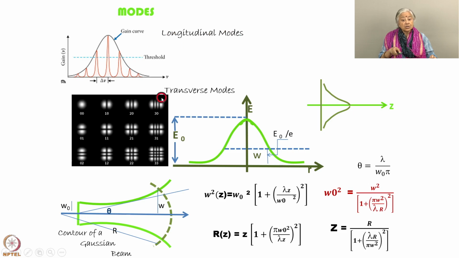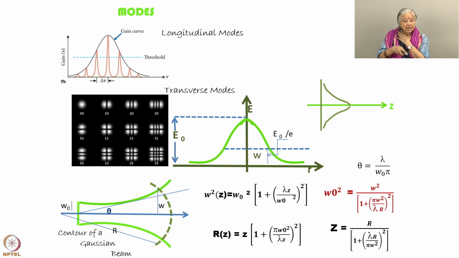Then there is something called the transverse modes. Actually, there is a big difference between the longitudinal modes and the transverse modes. I have told you the longitudinal modes are frequencies. The transverse modes are actually not frequencies. They relate to the intensity profile transverse to the axis of the laser.